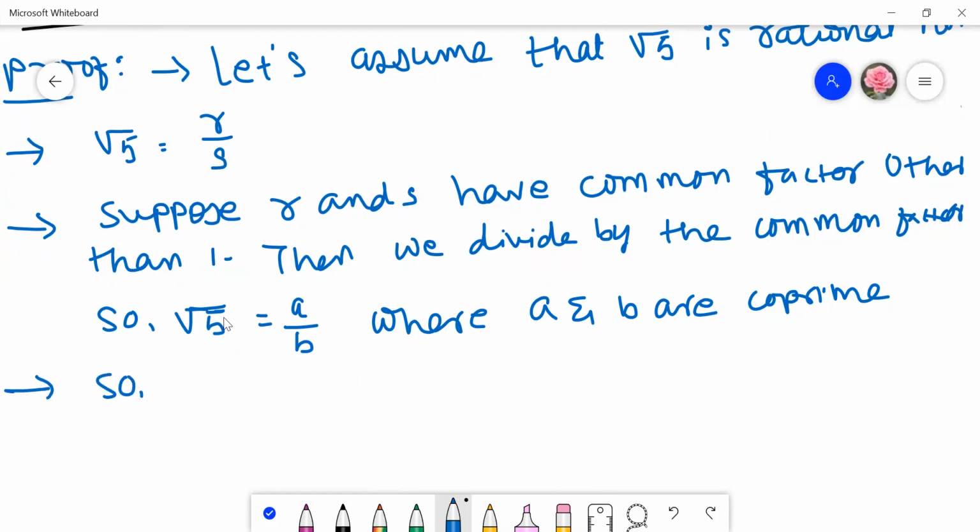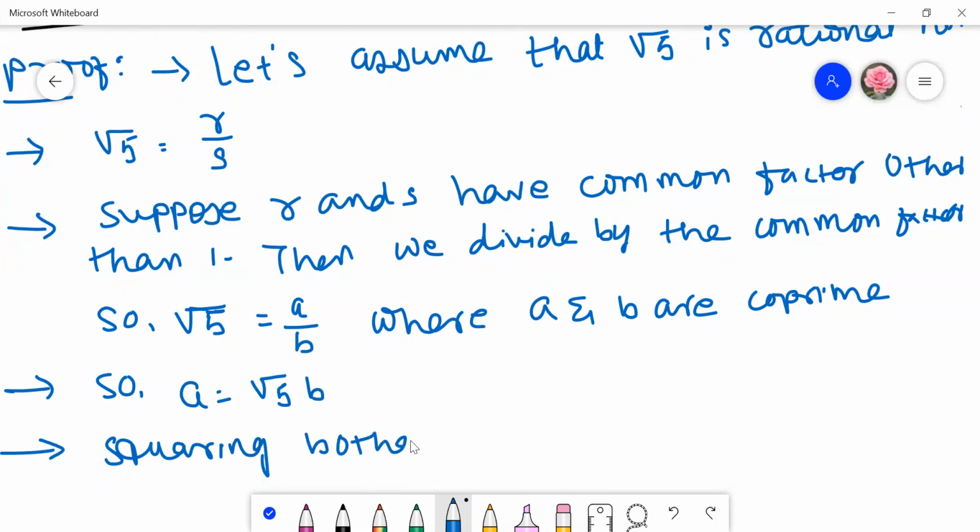Now suppose we are doing cross multiplication. So a is equal to root 5 into b. Now squaring both of the sides.